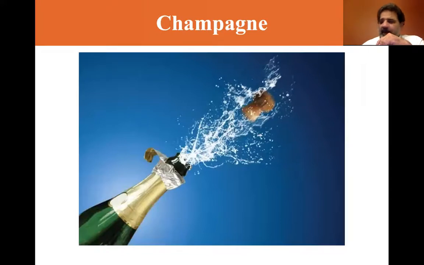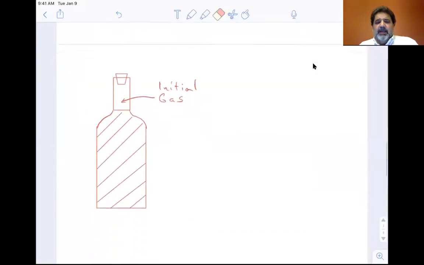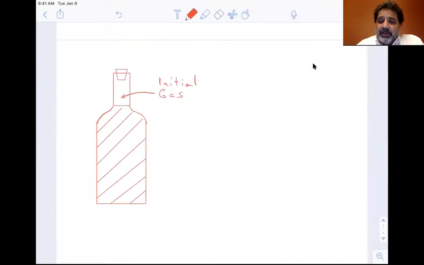This is the champagne bottle. Let me switch. Again, I've got a little drawing to help. People think that you shake a bottle of champagne and you've increased the pressure, and so the cork pops. But what really happens is, let's change color so you can see what's currently in this section here.